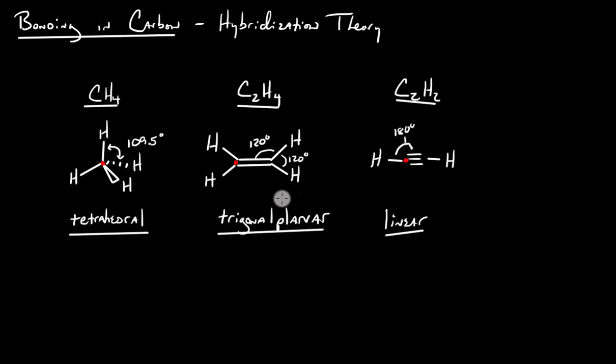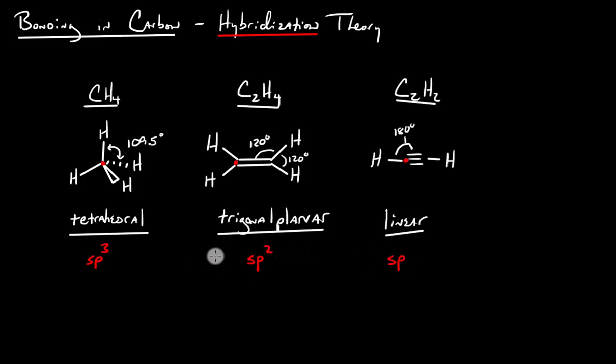Each one of these red carbons has a different hybridization. This tetrahedral carbon has a hybridization called sp3. This carbon has a hybridization of sp2, and this carbon has a hybridization called sp.